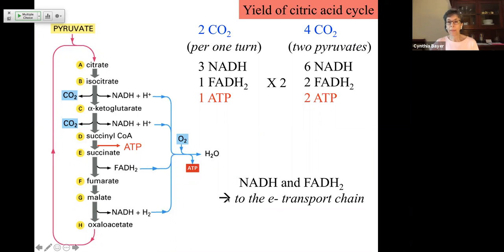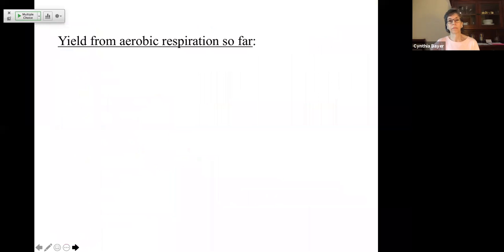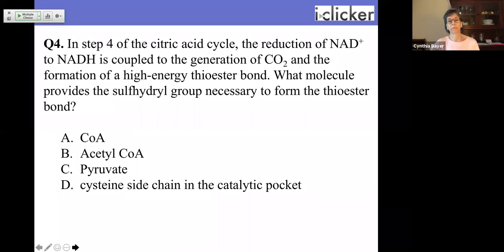So what happens to all of those electrons that are being extracted? That's what we're going to look at next. But before we do, let's see if we can remember one of the steps in the citric acid cycle. One of the steps we see is an oxidation event that is coupled with reduction of NAD+, meaning electrons are transferred to NAD+ to produce NADH.